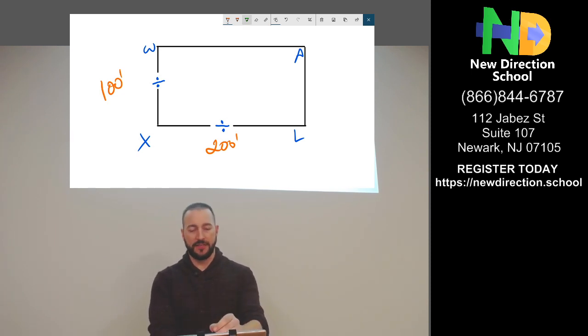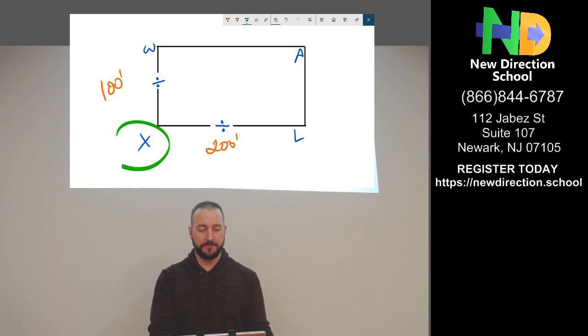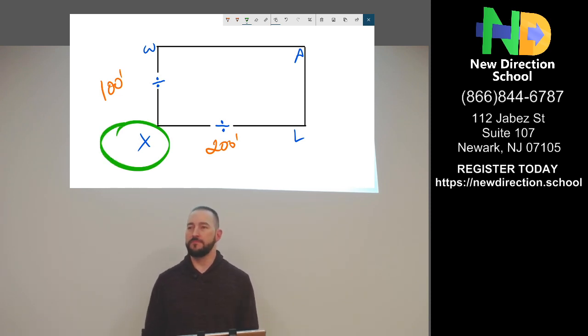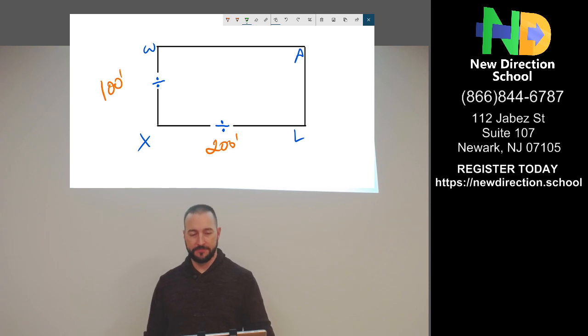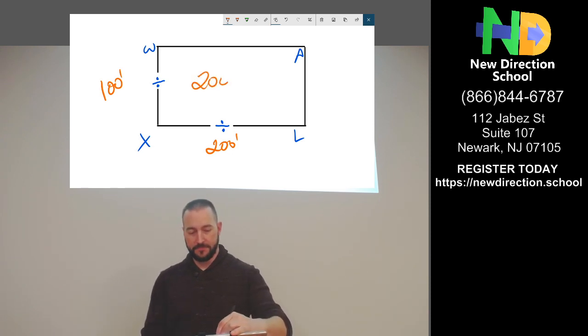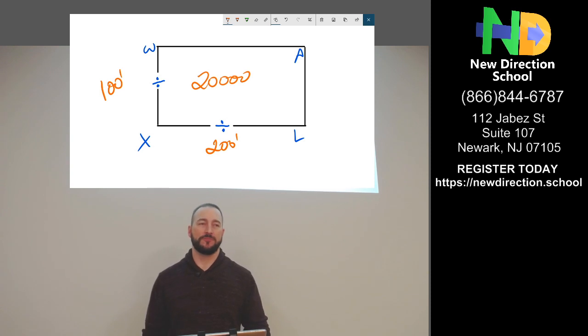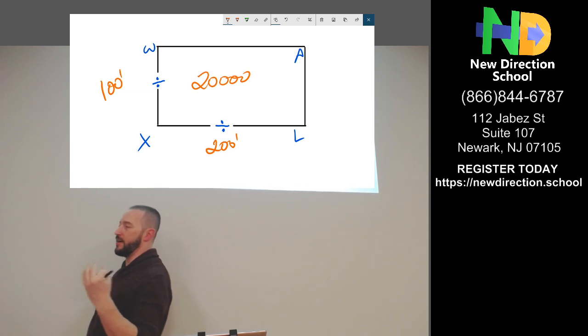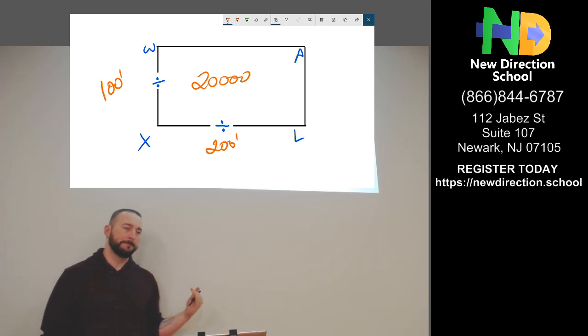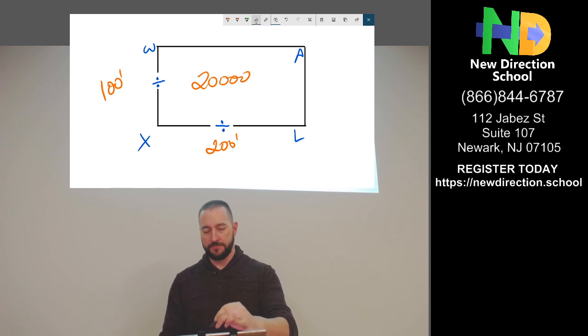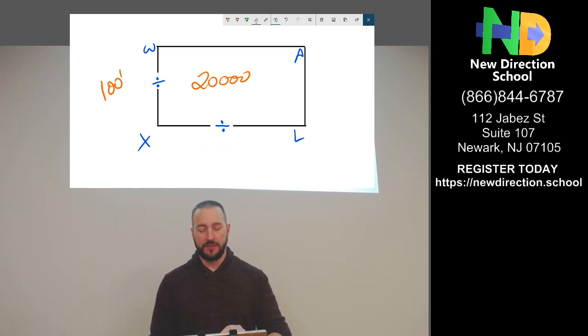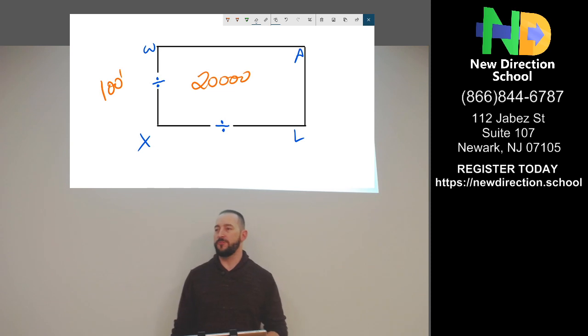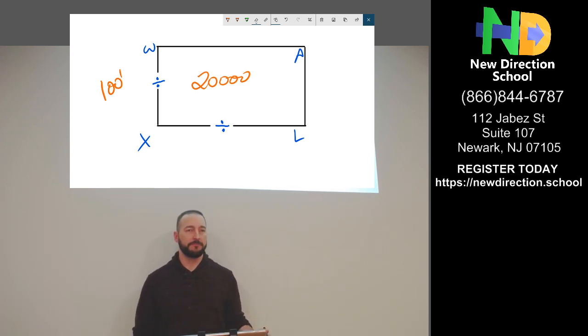What you need to know is that if the numbers are outside the box, what do we do? Multiply. So go ahead, calculators. 100 times 200 is 20,000. Now, if the question was, a lot that measures 100 feet wide and has a total area of 20,000 square feet, how deep is it?